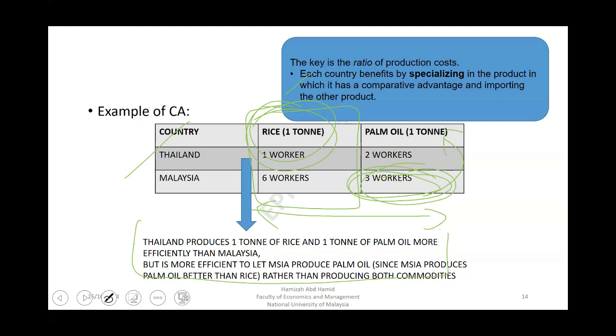So as you can see here, it is more efficient to let Malaysia produce palm oil because Malaysia produces palm oil better than rice, rather than producing both commodities.